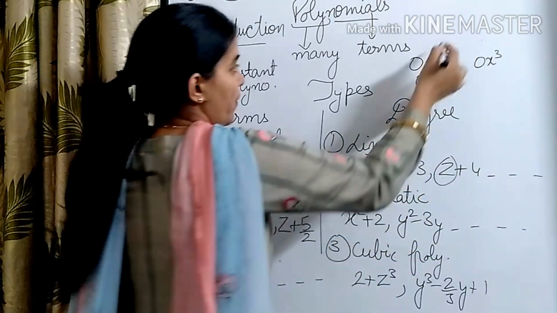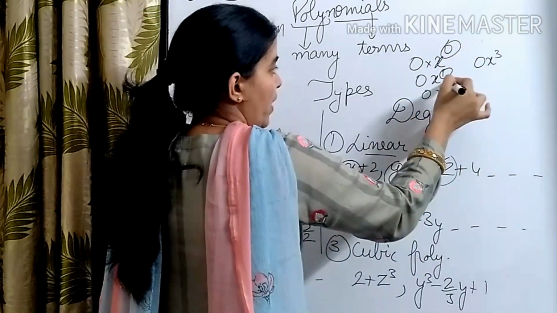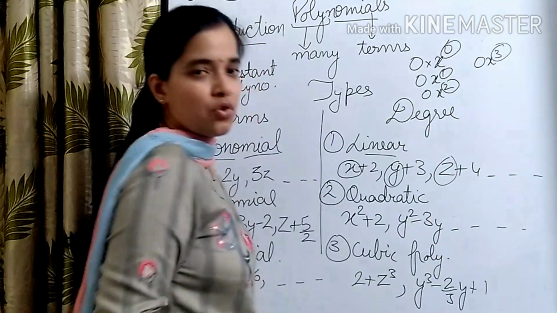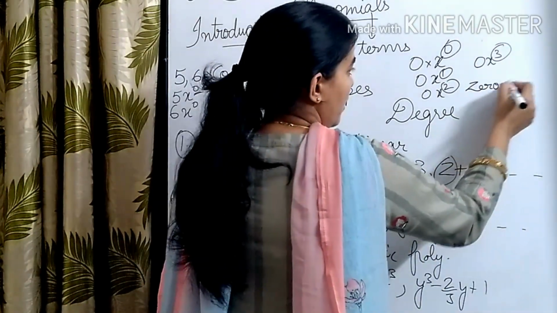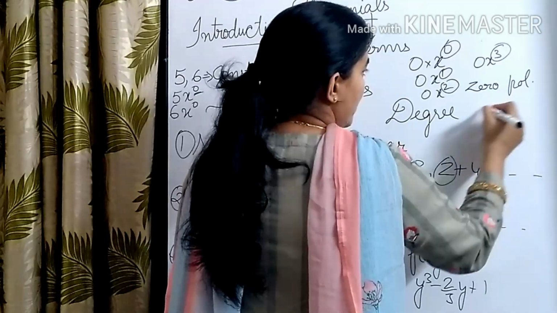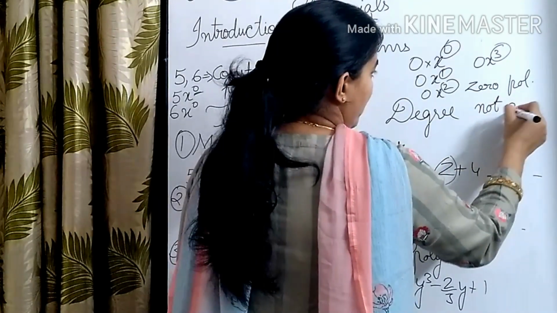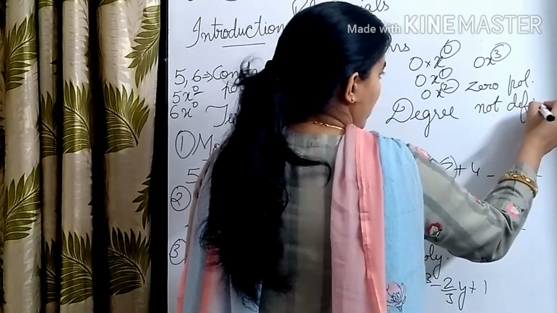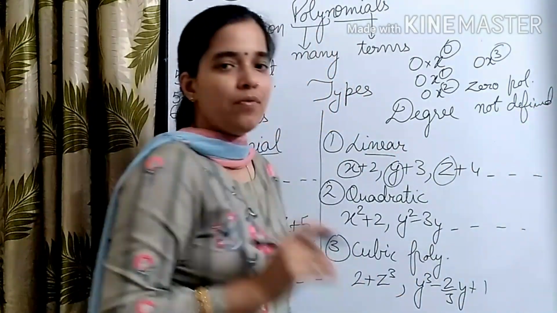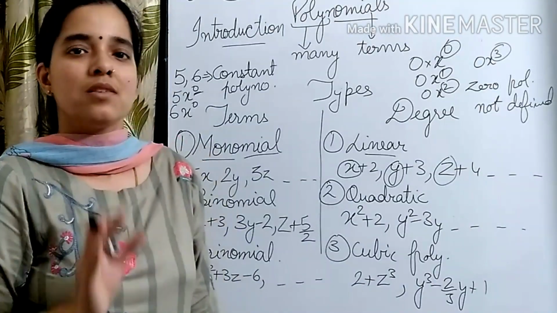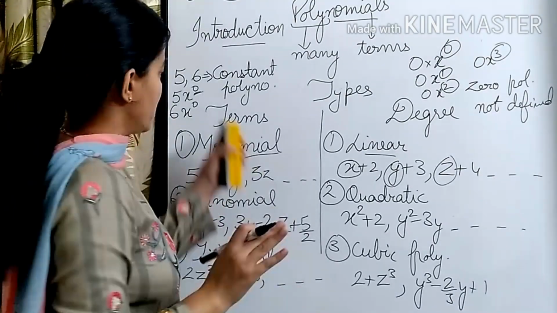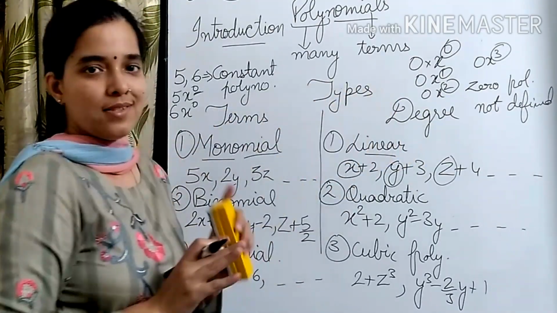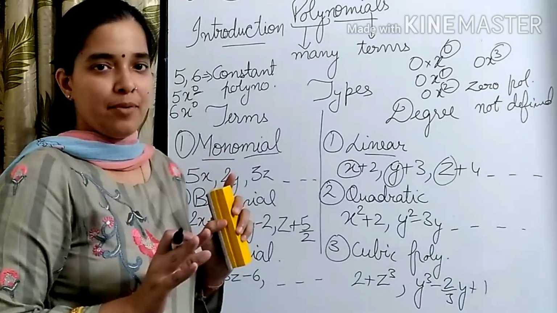So we don't know whether the highest power is 0, 1, 2 or 3 there. So we say that the degree of a 0 polynomial is not defined. Okay, this much you understand. Constant polynomial and 0 polynomial, these both are very important.